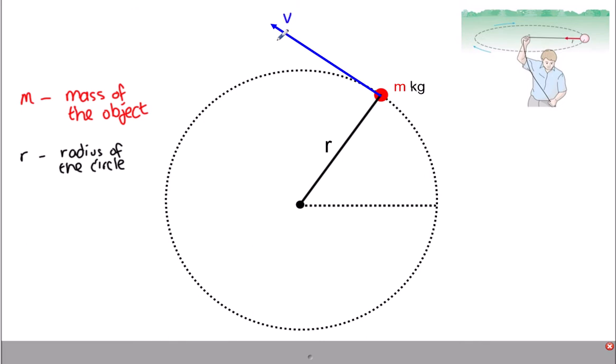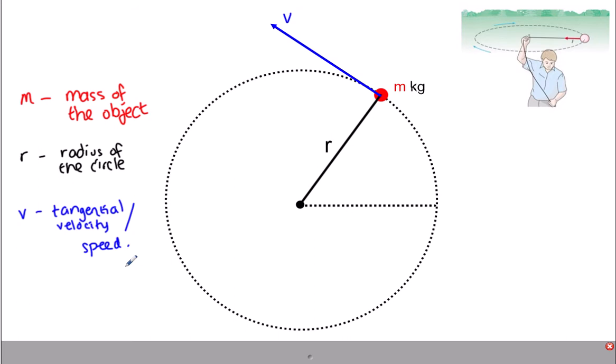So we call it v, because if it did fly off in a straight line, it would have velocity, but it's actually equal to the speed at which this particle is traveling around the circle. So v is what's called the tangential velocity or speed. So I'll put speed there as well.